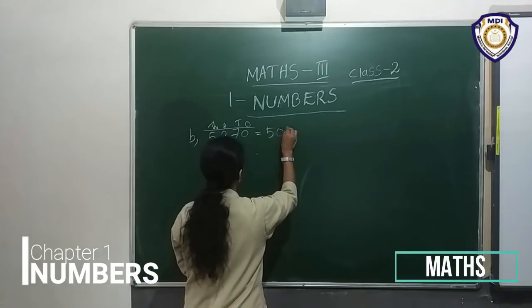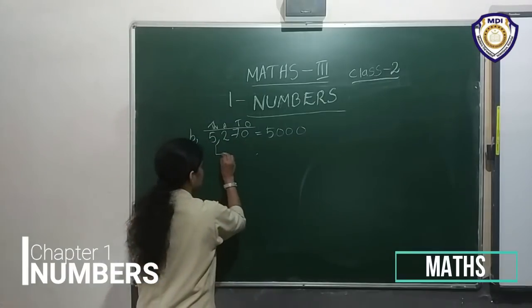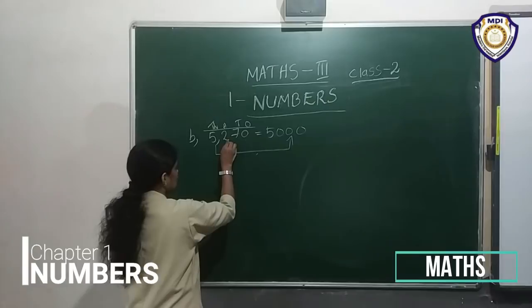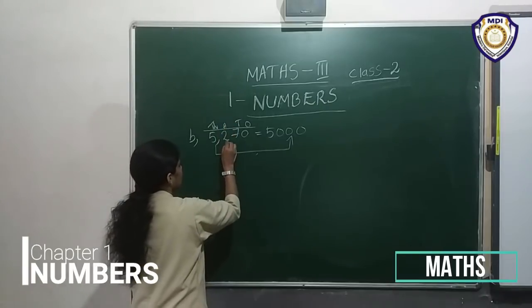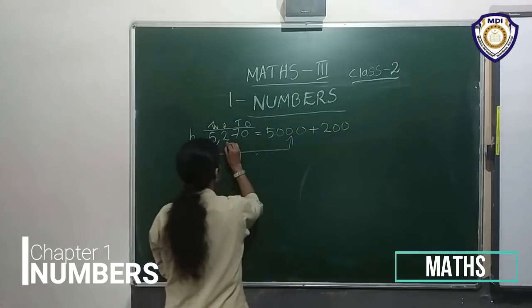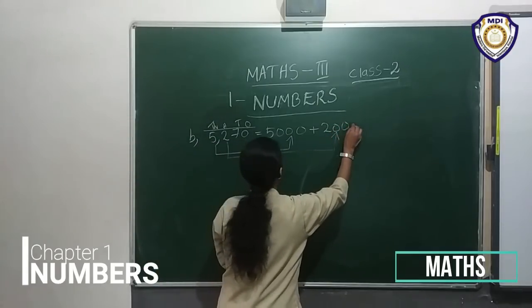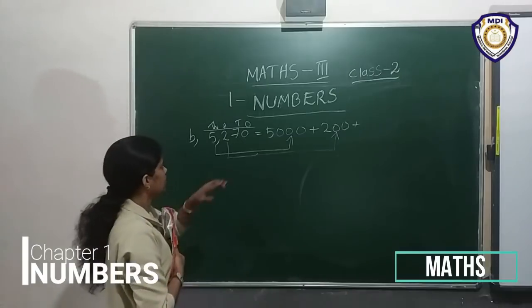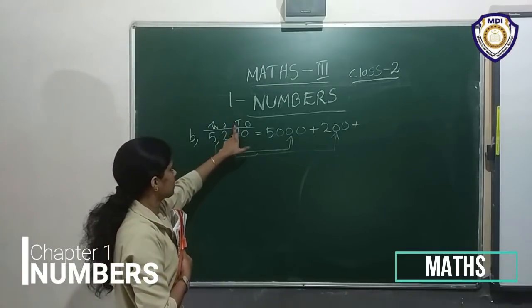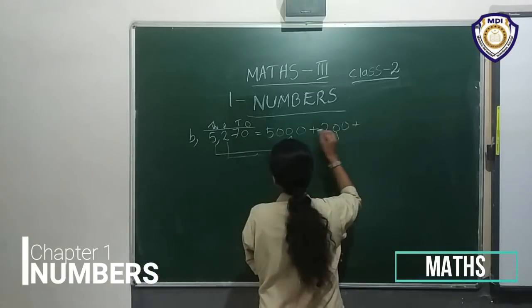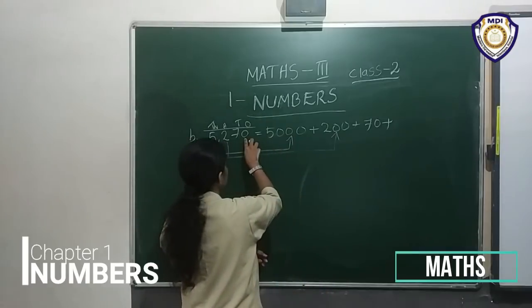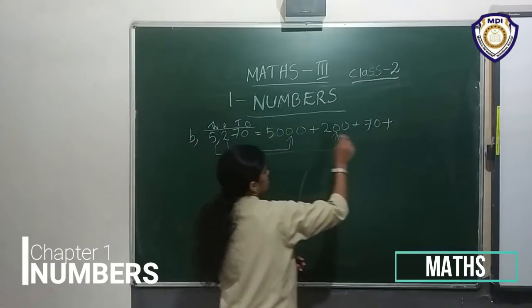5,000 plus 200 plus, then next digit 7 in the tens place, 70, plus 0 in the ones place, 0.